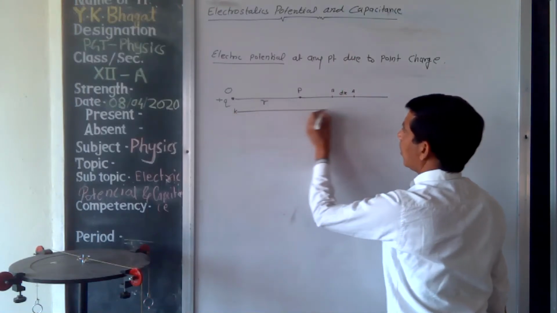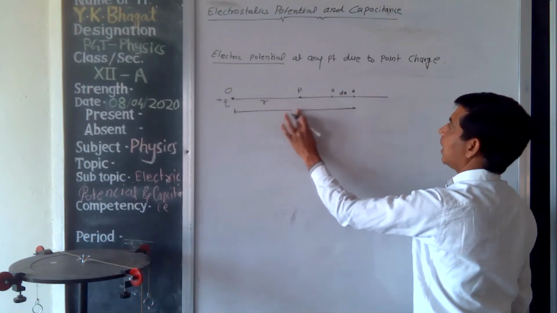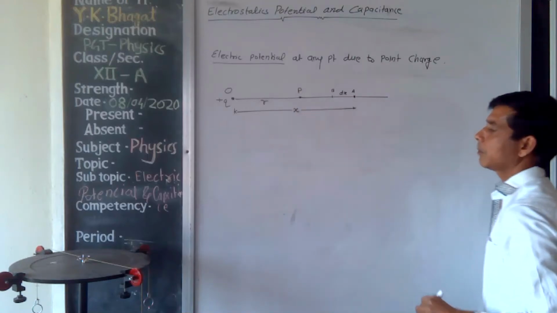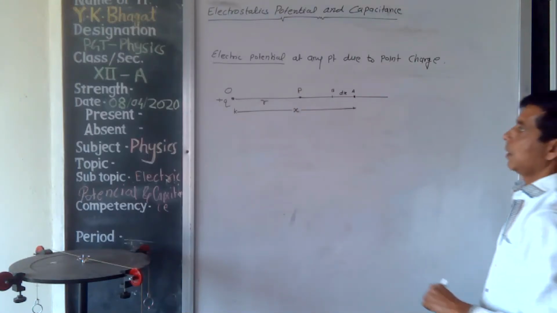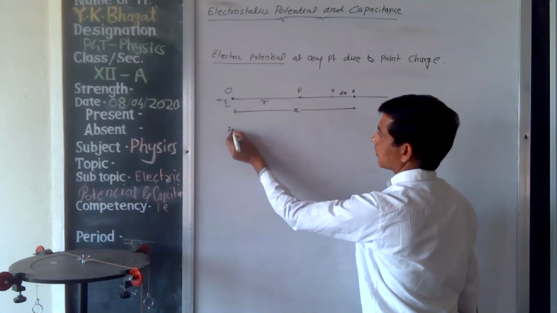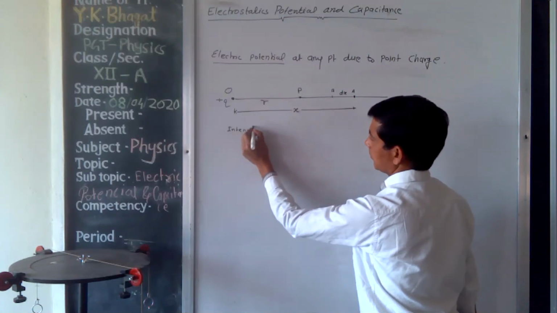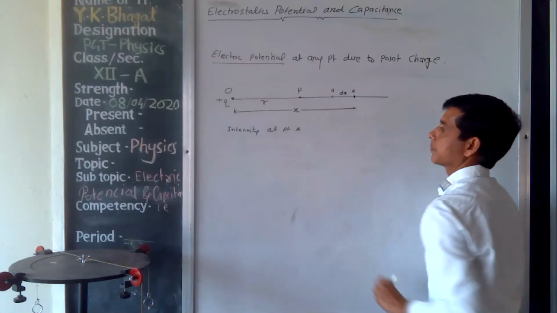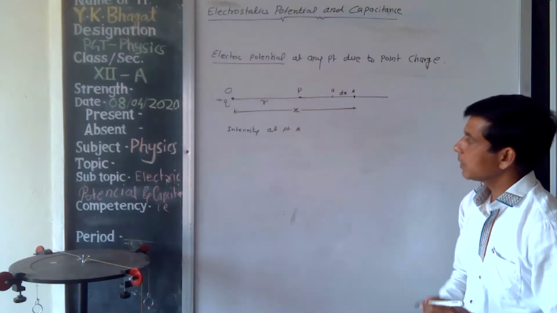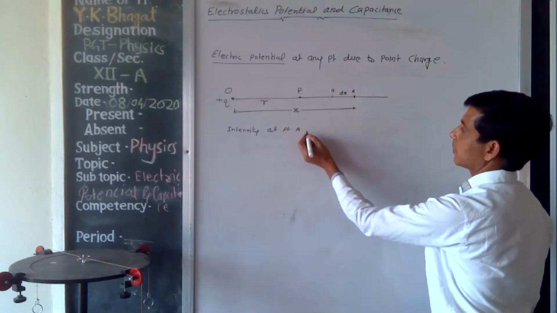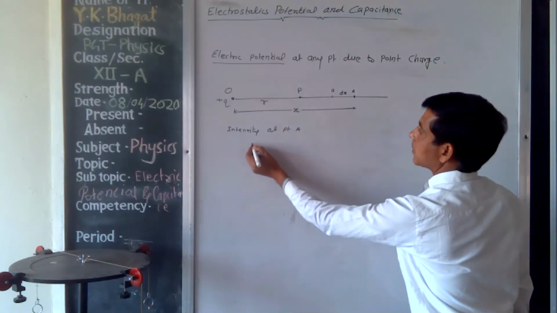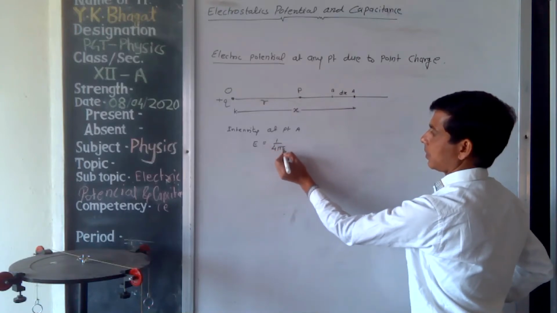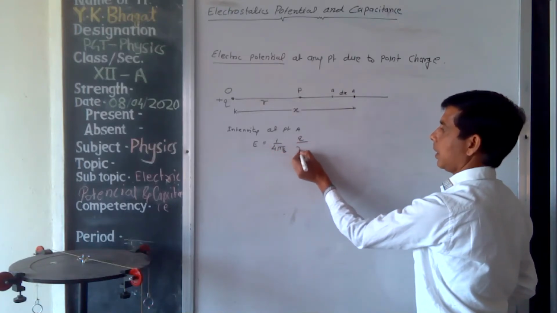Suppose the distance of point A is x from that charge. Then the electric intensity at point A will be E equal to 1 upon 4 pi epsilon naught Q upon R square.